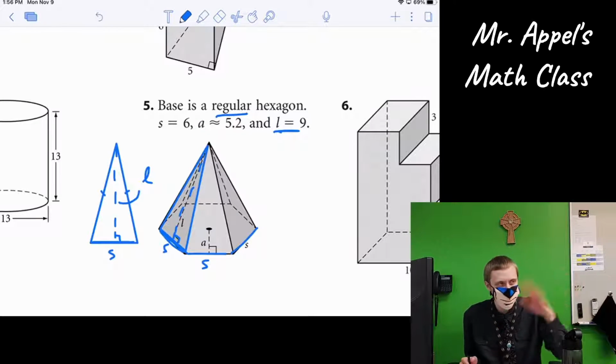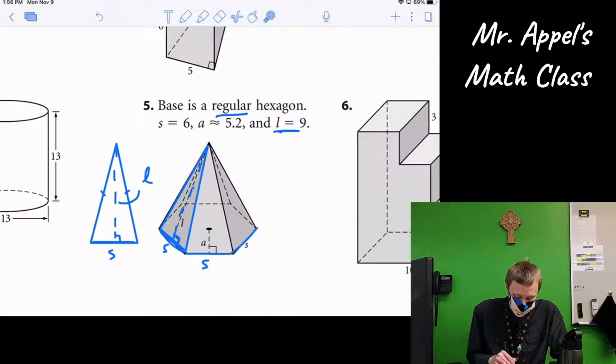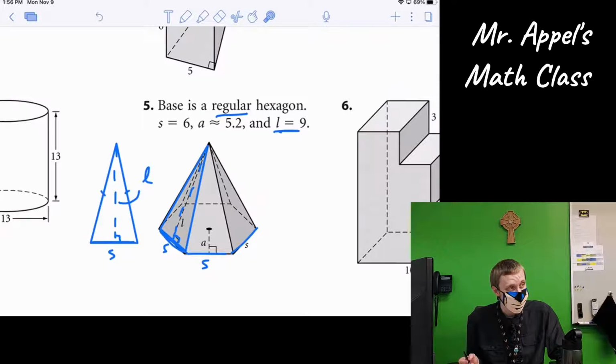It doesn't matter what letter they give it. The important thing is to know where to grab the number from the given. Right? So again, watch out. If they gave you that slant height, that would do you no good. You couldn't use that number. You'd have to actually, in this case, use a bit of trigonometric tricks to figure out what the lateral height would have to be.